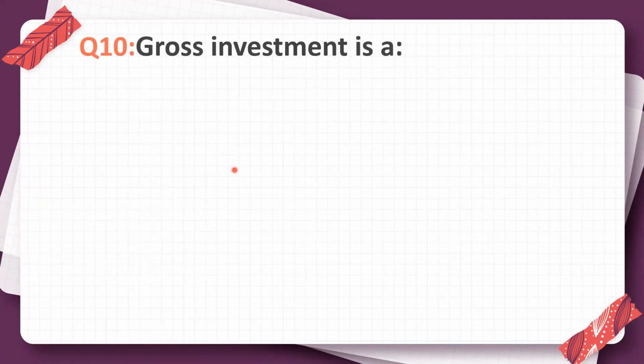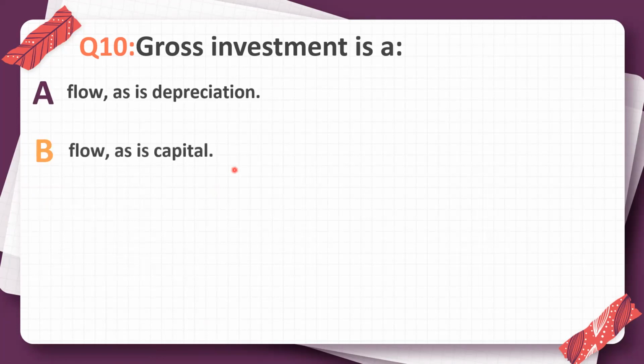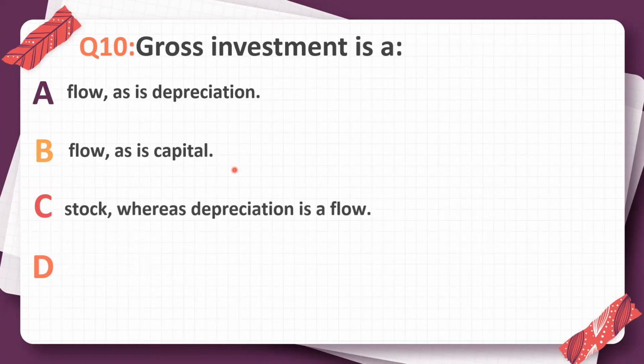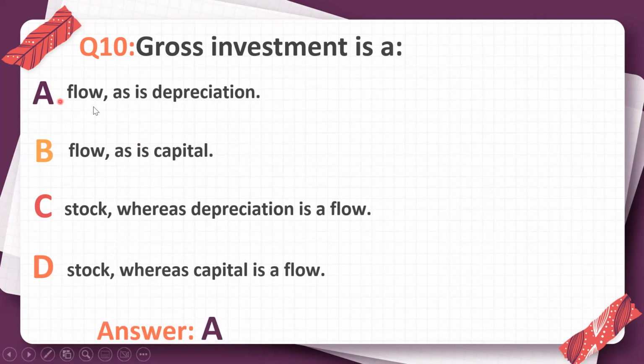Gross investment is A. Flow as is depreciation. B. Flow as is capital. C. Stock where is depreciation is a flow. D. Stock where is a capital is a flow. We had also the gross investment is always a flow.